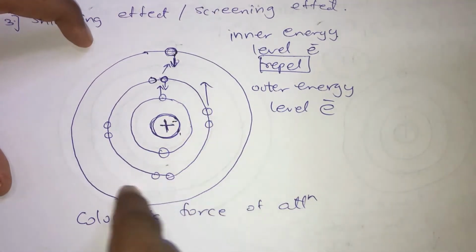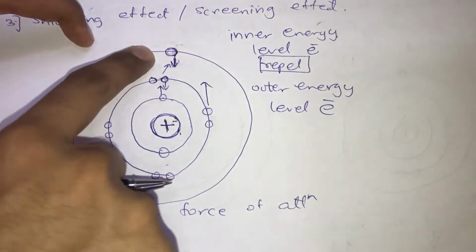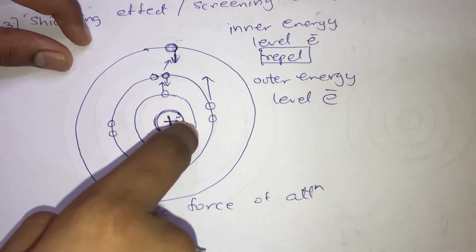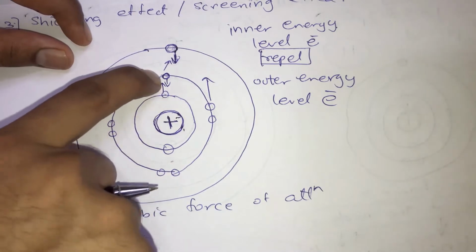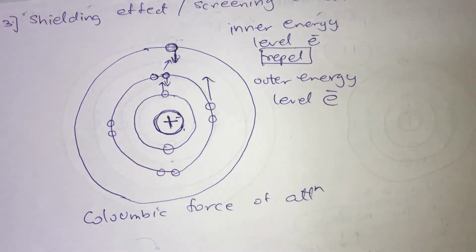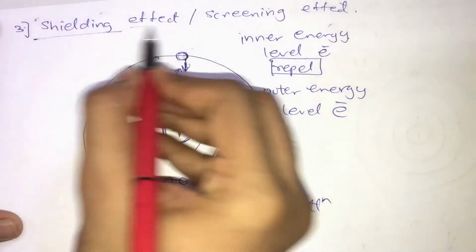The second energy level electrons are repelling the third energy level electron. The first energy level electrons are repelling the second energy level electrons. So similarly, can I say that the inner energy level electrons are going to repel the outer energy level electrons? This is known as the shielding effect.